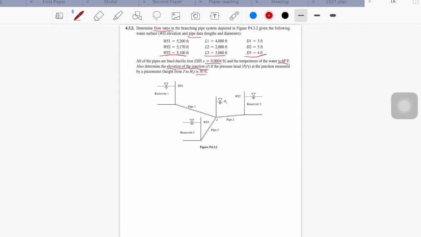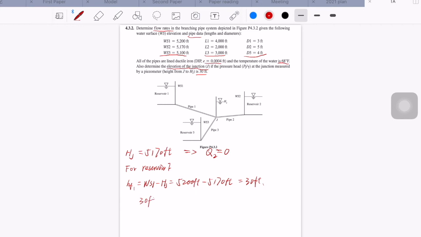When we solve a 3 reservoir problem, it is advantageous to set the total energy elevation at the junction to match exactly with the elevation of the middle reservoir for the first iteration. So we set Hj equals 5,100 feet. So now we know Q2 equals 0, and for reservoir 1, the friction loss equals S1 minus Hj, 5,120 feet minus 5,100 feet equals 20 feet.